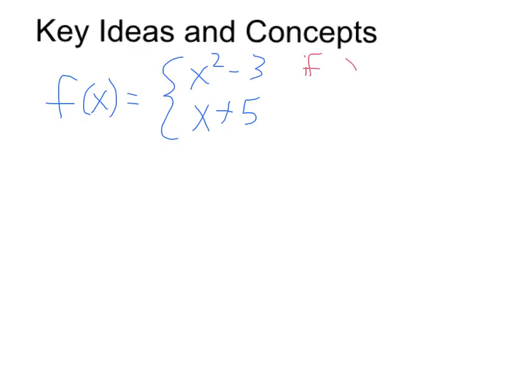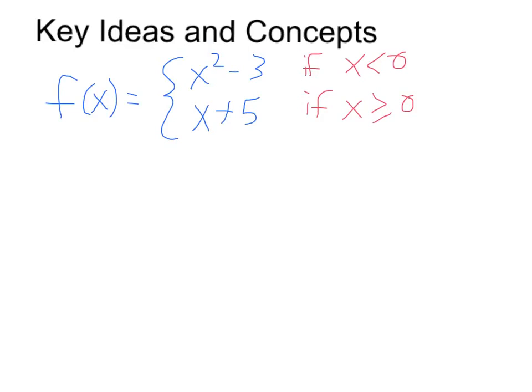Alright, so the key idea and concept for this skill is a piecewise function, and we need to be able to identify a piecewise function. And it's not just something like that. It also has the constraints of if x is less than 0, if x is greater than or equal to 0.